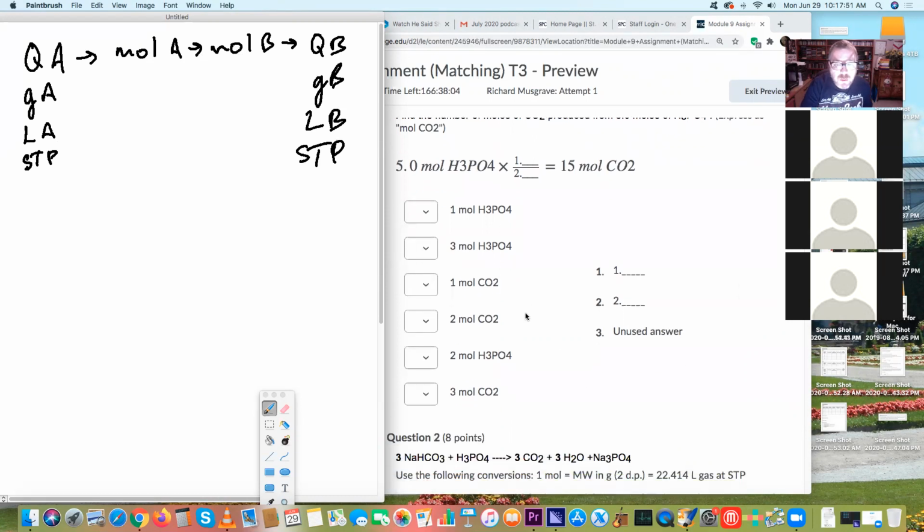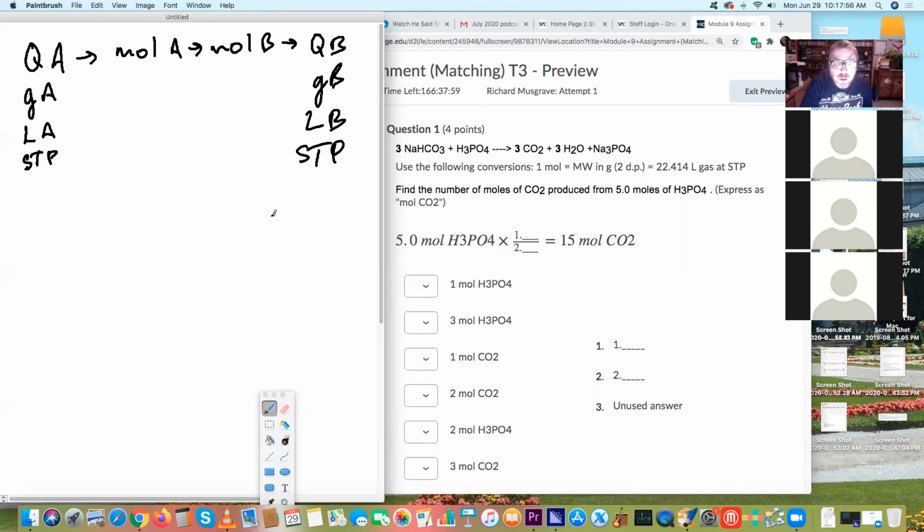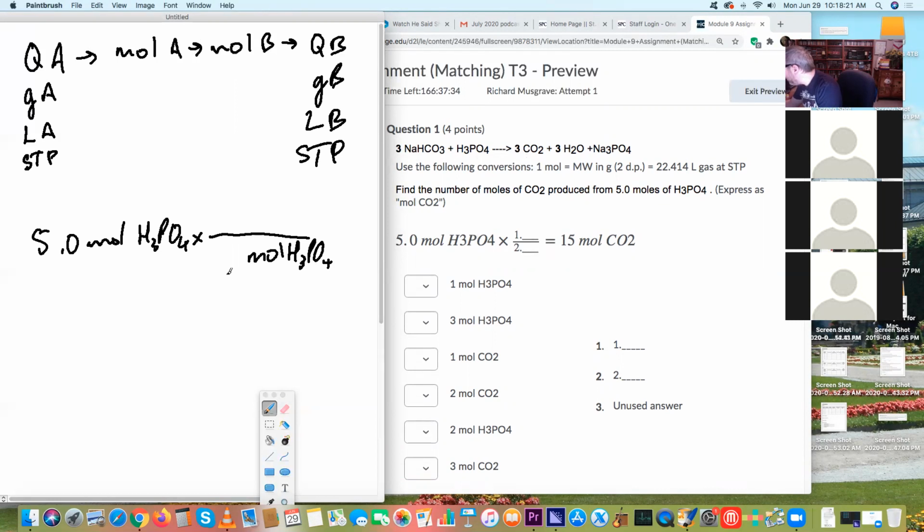And it's, again, all about dimensional analysis. For this one, we know that the mole ratios are all determined by what we're seeing in the reaction. If we were to do this on paper, it'd be 5.0 moles of H3PO4. We know that the bottom unit was moles of H3PO4, and what we're looking for is moles of CO2.